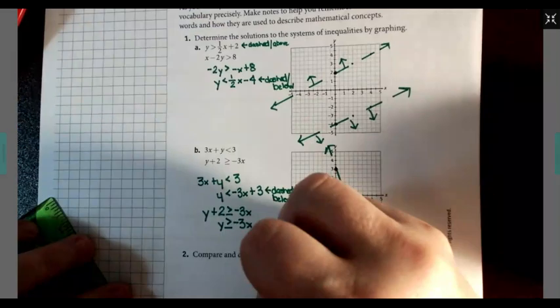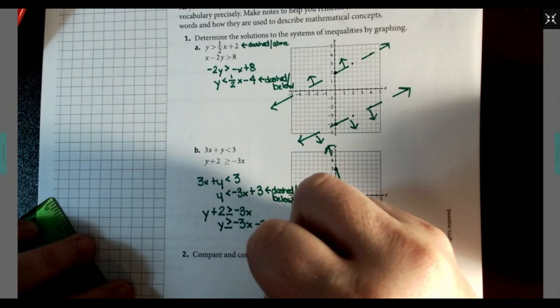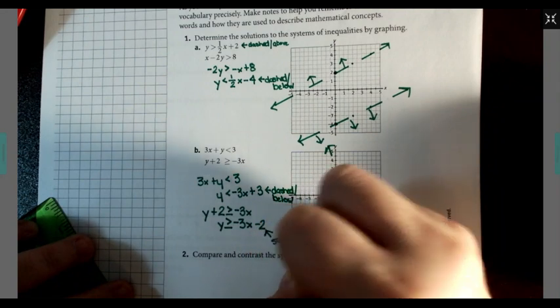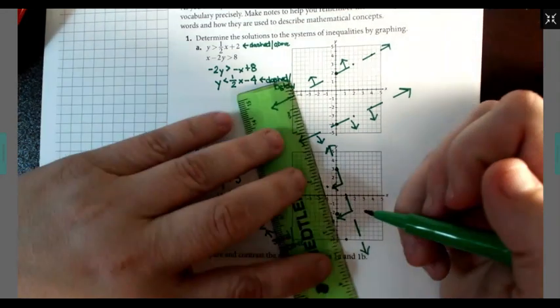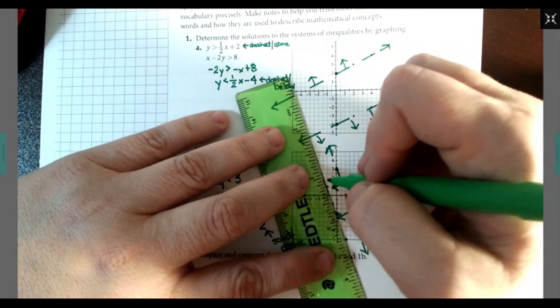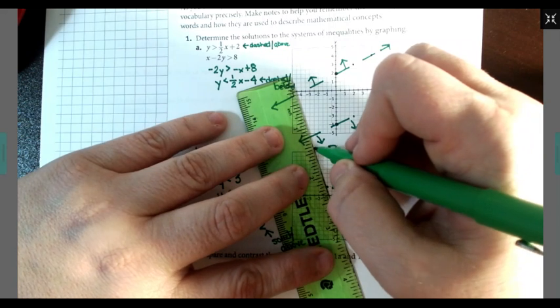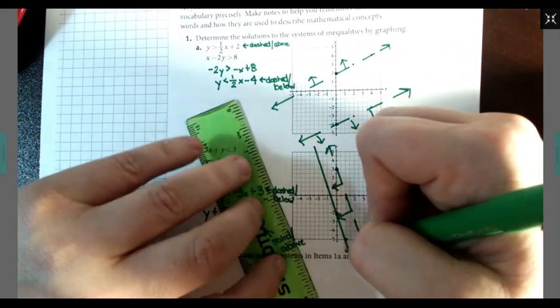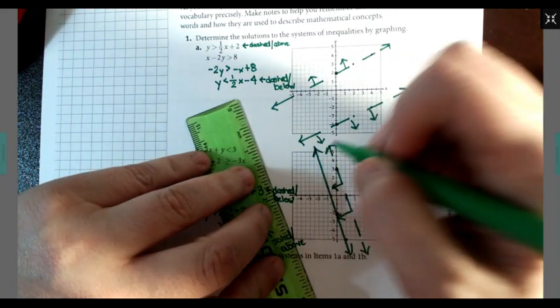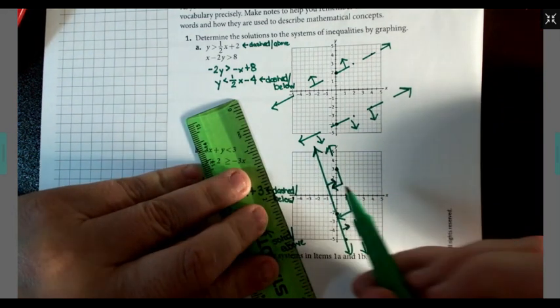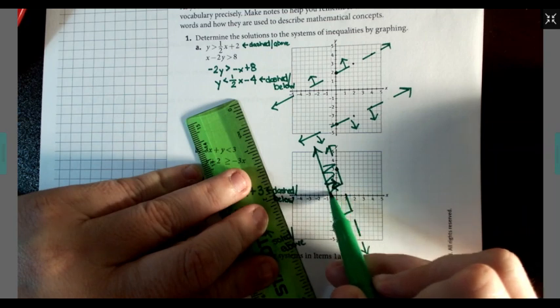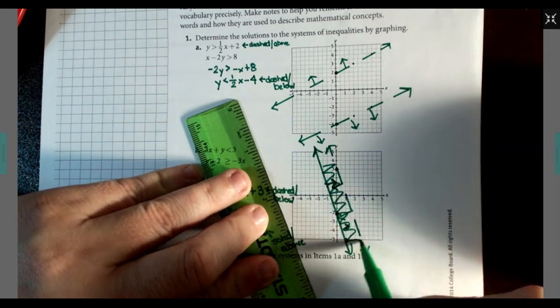This is going to be solid because of the equal to, and it's going to be shaded above. So we're going to shade this way. So the only part that overlaps is between the two lines right here.